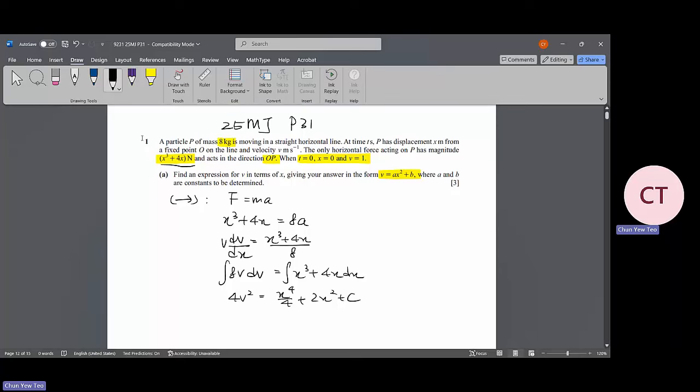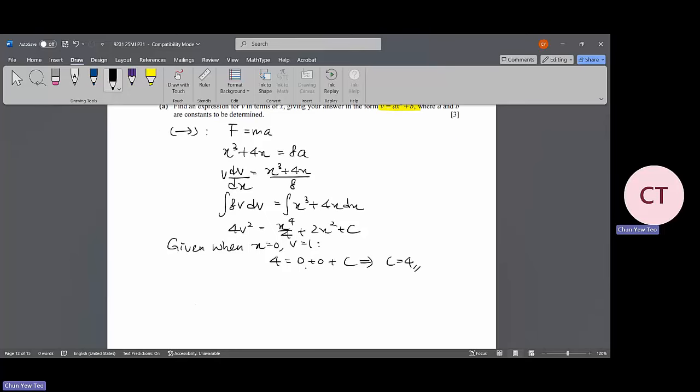Now we need to find the constant c from the given information: when x equals 0, v is equal to 1. So we have 4 equals 0 plus 0 plus c, which means c is 4. Replace c with 4 and you will get this.